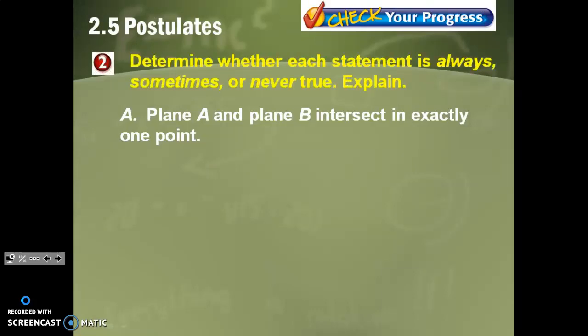Plane A and plane B intersect at exactly one point. So can two planes just barely touch each other at this point? No, because remember, the plane will go on forever and ever, so it would actually create a line as the plane goes through it. I guess I'll draw it more like this.